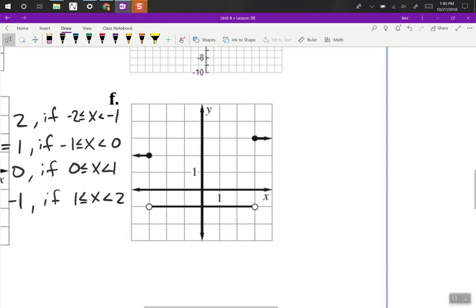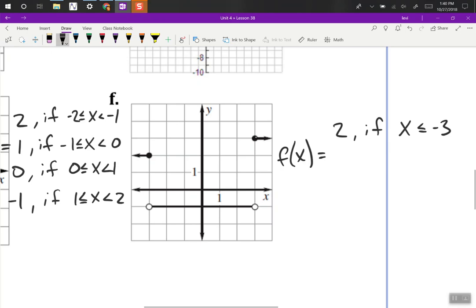And our last one, f of x equals, and we'll do this one first, so that's f of x equals 2, and that looks like for x values that are less than or equal to -3.